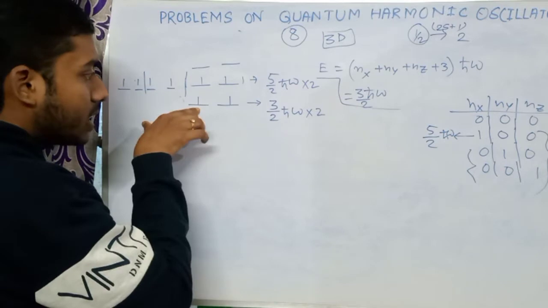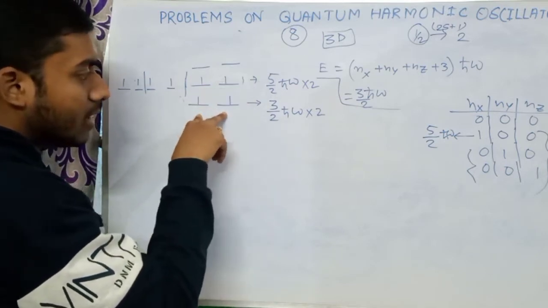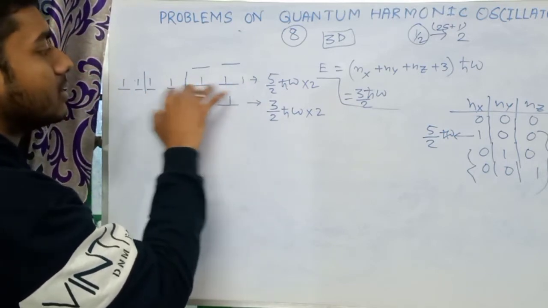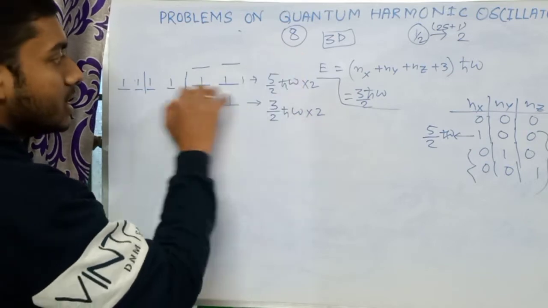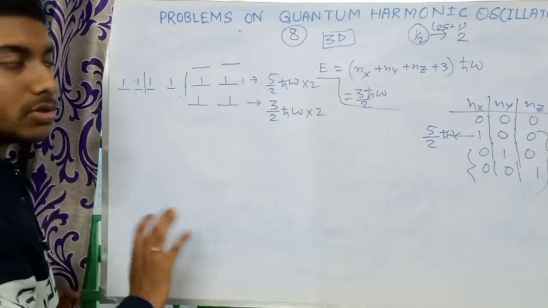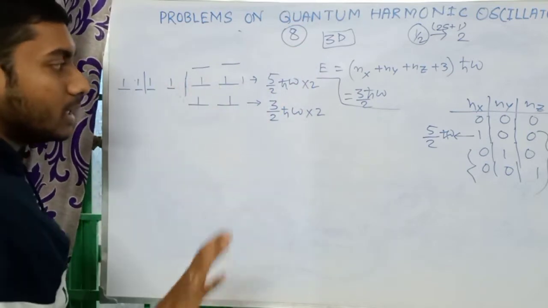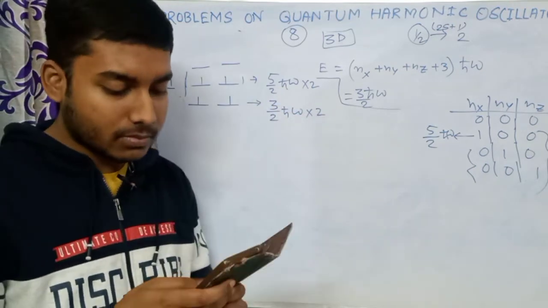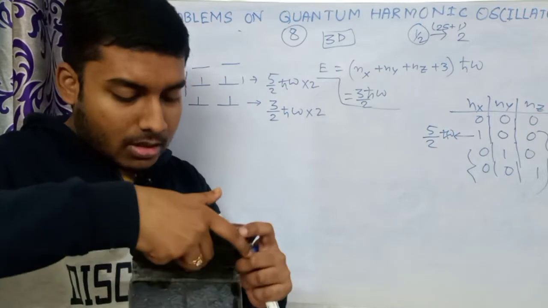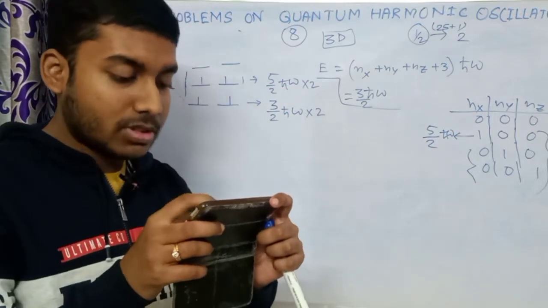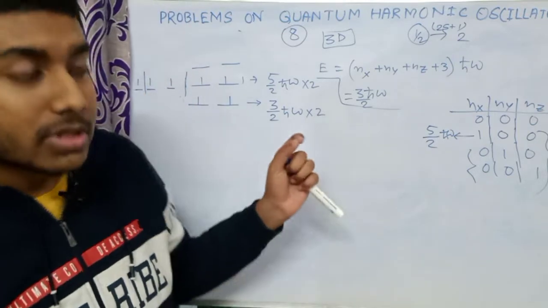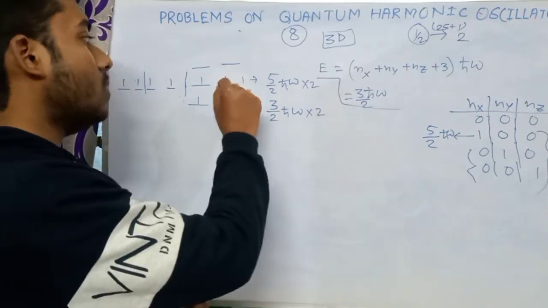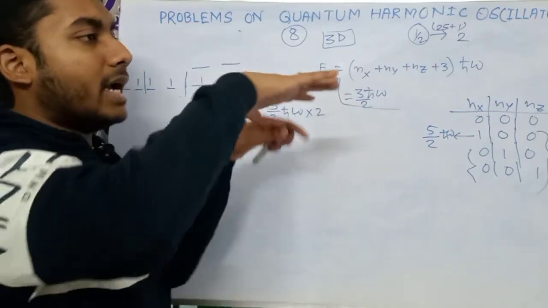You can see that 2 electrons are filled in the ground state, and the first excited state is filled with 6 electrons, so the total number of electrons is fulfilled. So in our question, the ground state energy of this system means all the electrons are in the ground state.